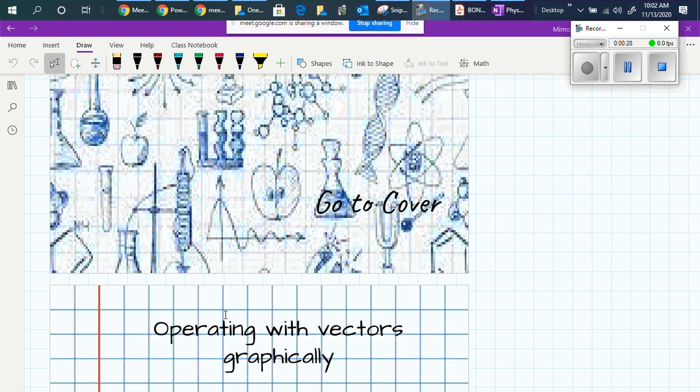And now we will see, when we represent a vector, how can we operate graphically? How can we add, subtract, even multiply with a coefficient graphically? How will this look when we work graphically?